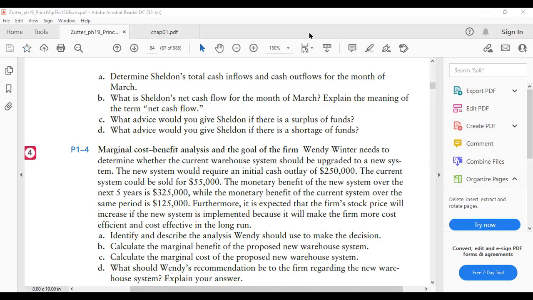Kindly turn on your microphone, unmute yourselves, and read A, B, C, and D requirement for Sheldon's. And finally, the last problem.